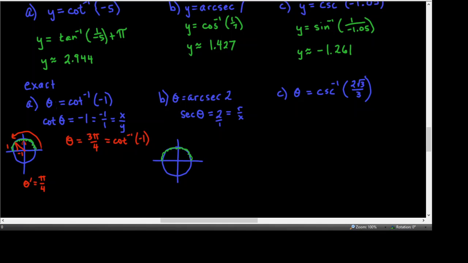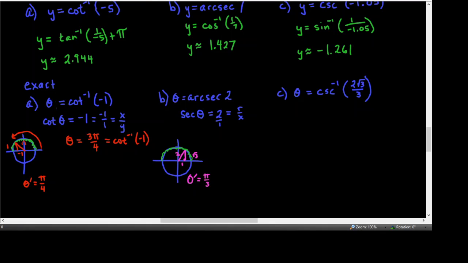So I want x to be +1 when r is 2. And that's the 1, 2, square root of 3 triangle. And the reference angle there is pi over 3.